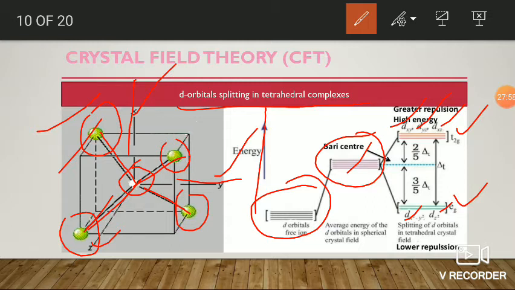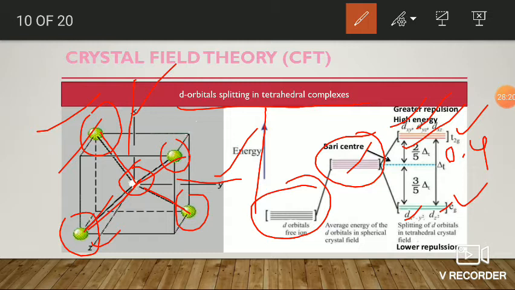The energy obtained by the different orbitals during the splitting is, in the case of T2g orbitals, each T2g orbital gains plus 0.4 delta T. Here 2 by 5 is nothing but 0.4.